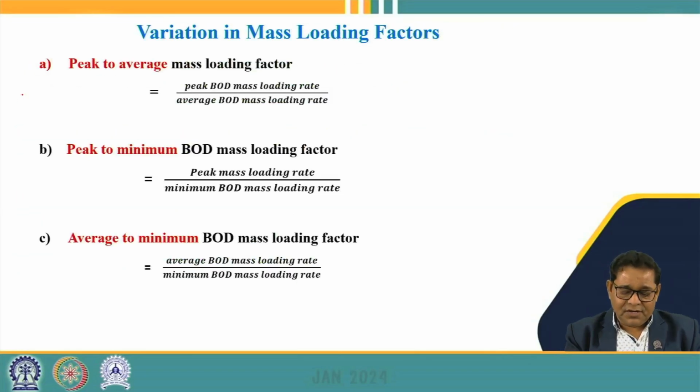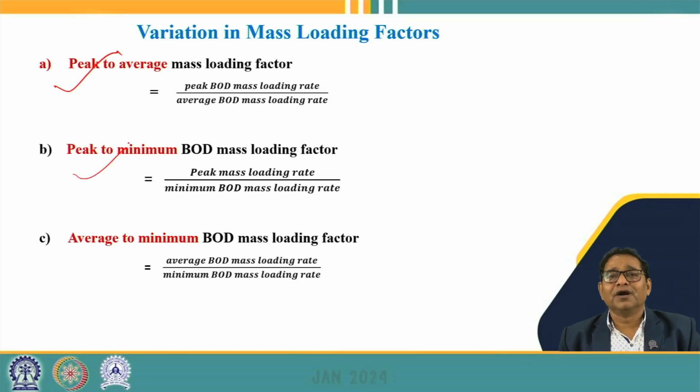So these are the different mass loading factors we determine: the peak to average mass loading factor, then the peak to minimum BOD mass loading factor, then the average to minimum mass loading factor. When we talk about peak to average, this gives the ratio of peak loading to the average loading rate.